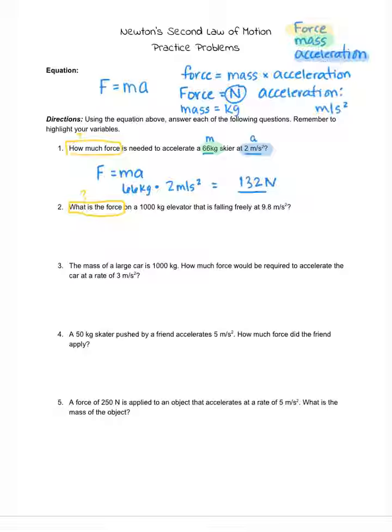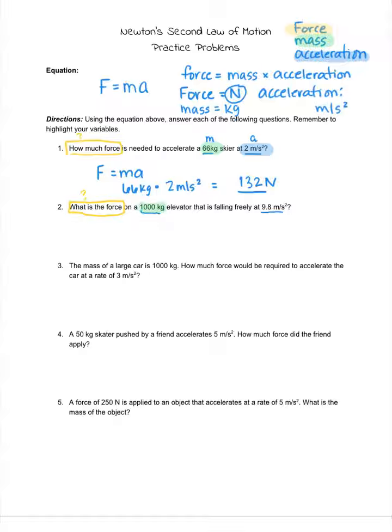So if we underline our two numbers here, 1,000 kilograms and 9.8 meters per second squared. Let's identify those variables. 1,000 kilograms, what do you think it is? Is it force, mass, or acceleration? If you said mass, you are correct.